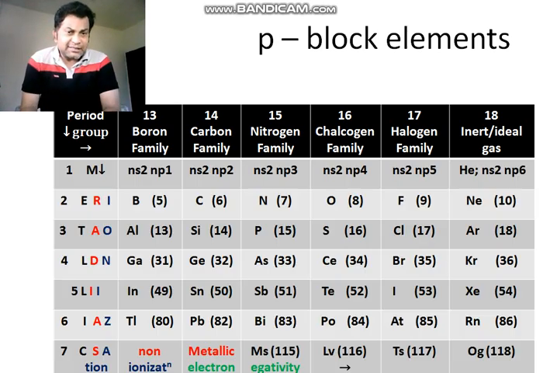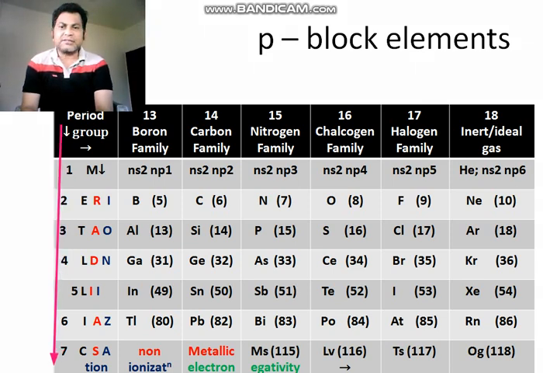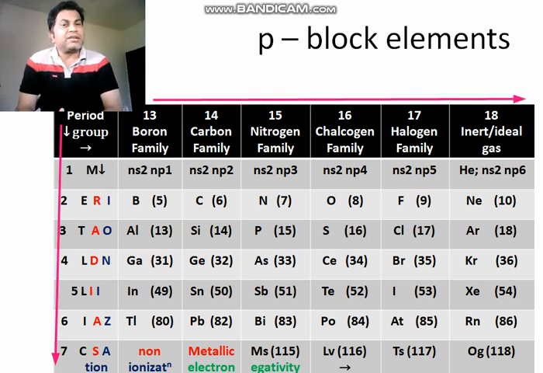You can see periods 1, 2, 3, 4, 5, 6, 7; there are total 7 periods, and in P block there are total 6 groups: group 13, 14, 15, 16, 17, 18. Out of these 6 groups, groups 13 and 14 we have already studied in standard 11. Now the remaining groups 15, 16, 17, 18 we are going to study.